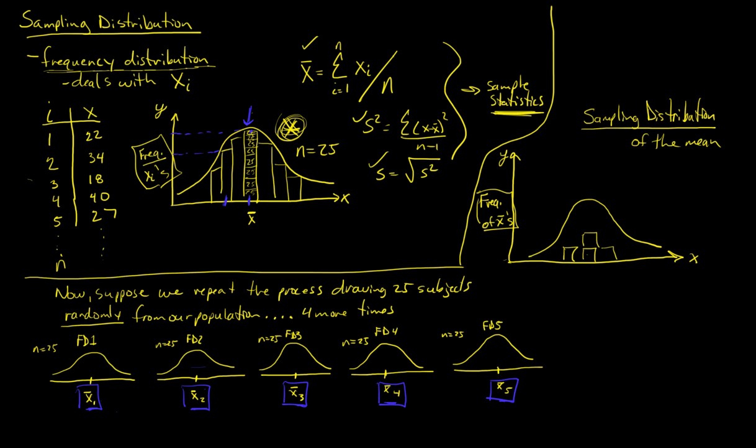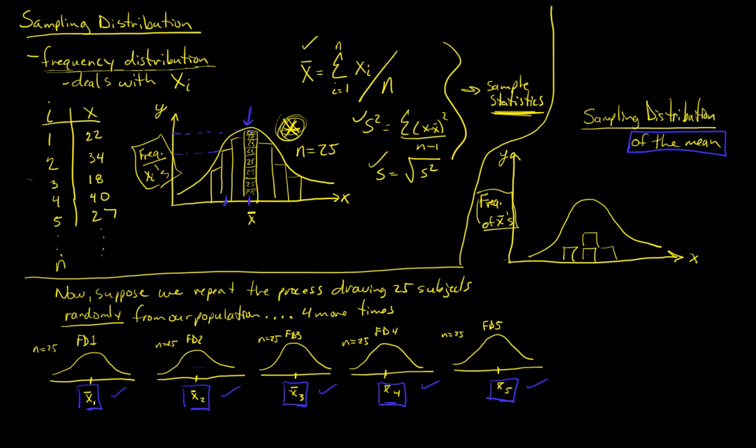I'll put that in a blue box, because we could call this a sampling distribution of the standard deviations if we plotted the standard deviations from this one, this one, this one, this one, and this one. We could call it the sampling distribution of the variance if we plotted the variance from FD1, FD2, FD3, FD4, and FD5. But in this particular case, we're calling it the sampling distribution of the mean.